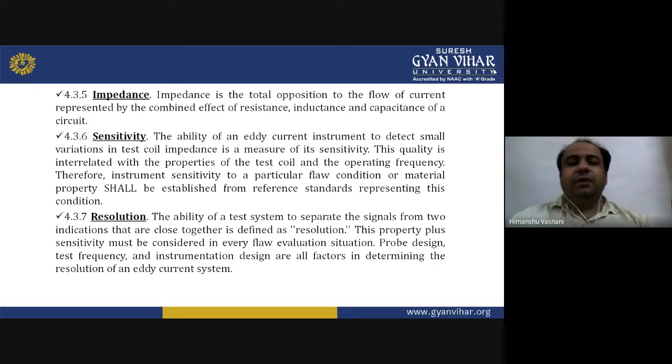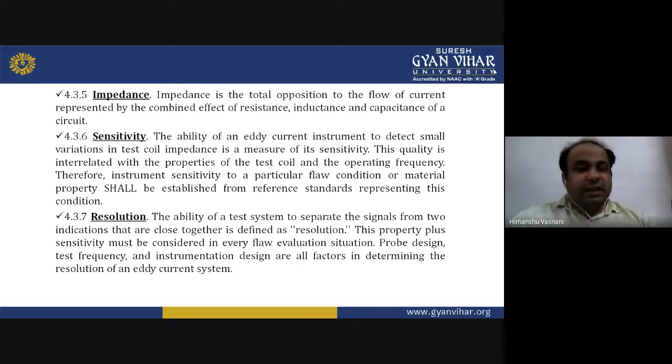Sensitivity, another new term. The ability of an eddy current instrument to detect small variations in test coil impedance is a measure of its sensitivity. This quality is interrelated with the properties of the test coil and the operating frequency.